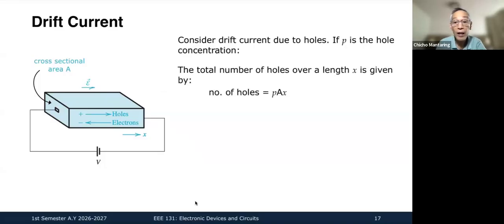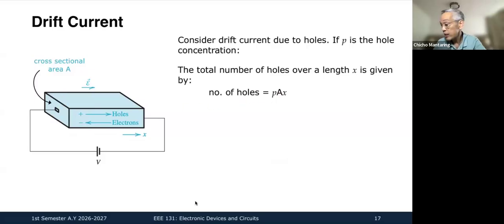The total number of holes over length x is given by p, hole concentration, multiplied by Ax. Take note that Ax is a volume. If I multiply this area A by a certain length x, then I am referring to the volume of that particular block.